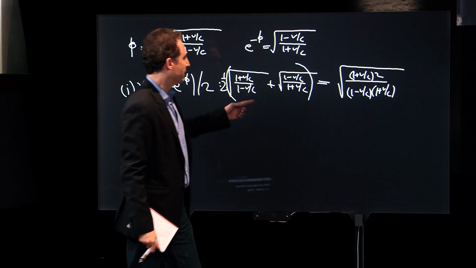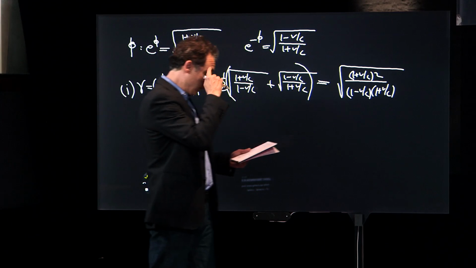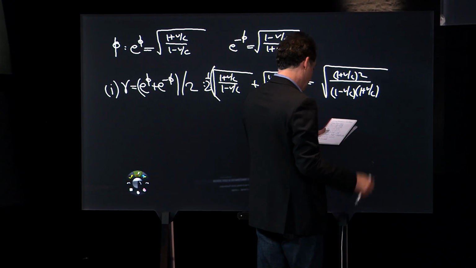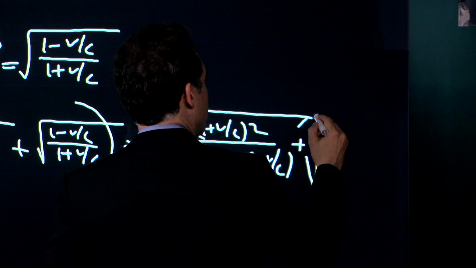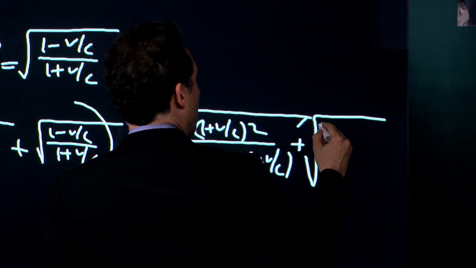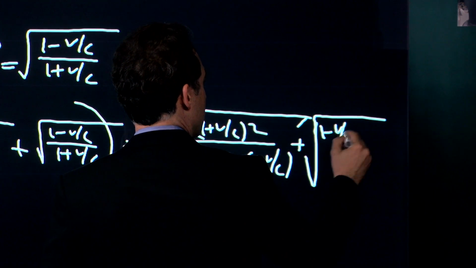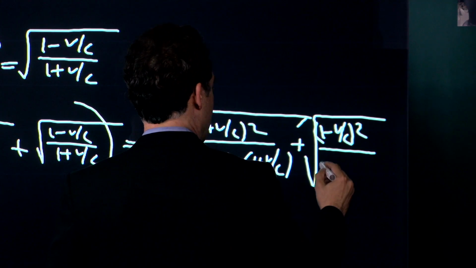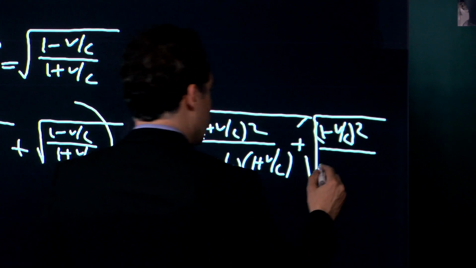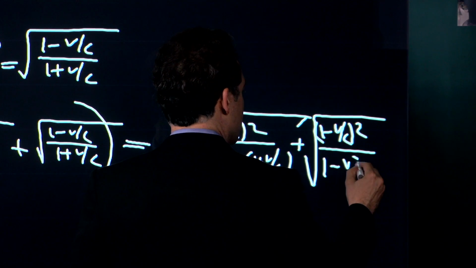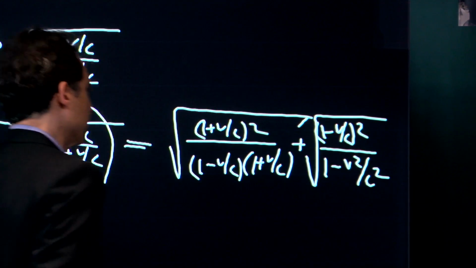From the second term, I'll have something of exactly the same sort, plus the square root of (1 minus v over c) squared, divided by the product here, which I'll simplify and write in the form 1 minus v squared over c squared. That is the same.